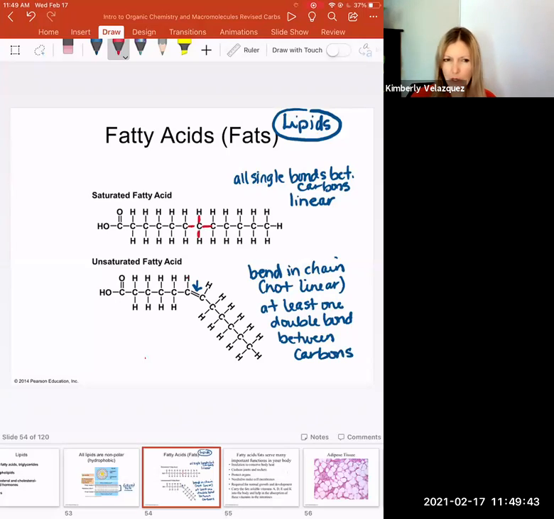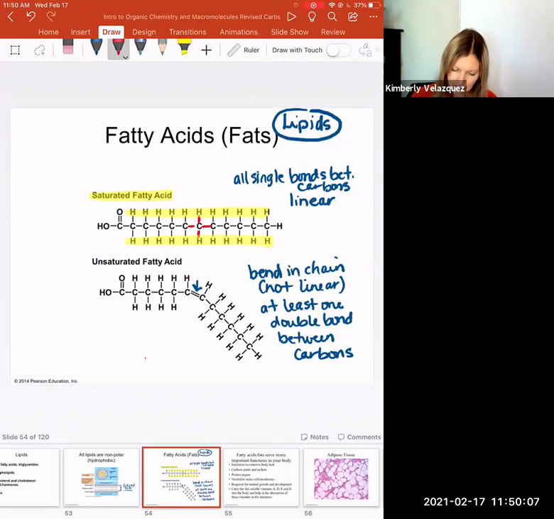So every one of those carbons is sharing 4 pairs of electrons. They're all single covalent bonds. And you can see we could say that these carbons are completely saturated with hydrogen. They're holding as many hydrogens as they possibly can. They're saturated with hydrogen, saturated fatty acid.